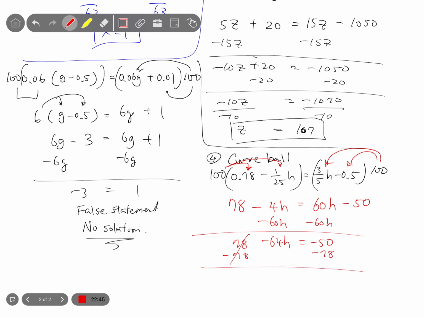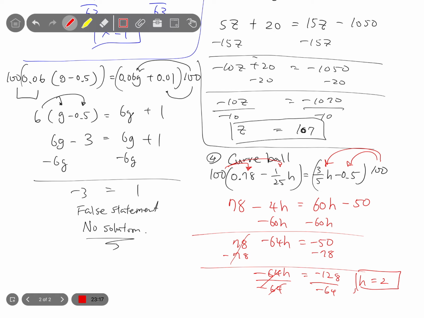I get negative 64h equals minus 50 minus 78, that's minus 128. I think the answer is going to turn out fairly decent for this one. To get h by itself, I have to divide both sides by negative 64. So h in this case is just going to be 2. Negative divided by negative is positive. 128 divided by 64 is 2. So h equals 2.